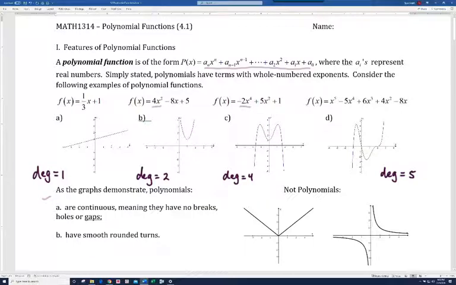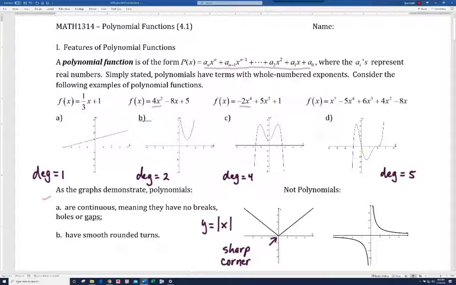And so let me give you a couple of examples of functions that are not polynomials. So for the first one here, you should recognize this is the graph of the absolute value function y equals absolute value x. And in fact, this has what we call a sharp corner. And so this is something that you won't see on polynomials. And then I would like you to look at the next one.